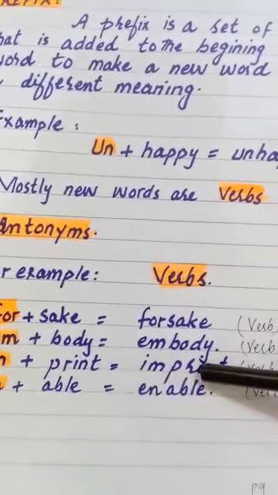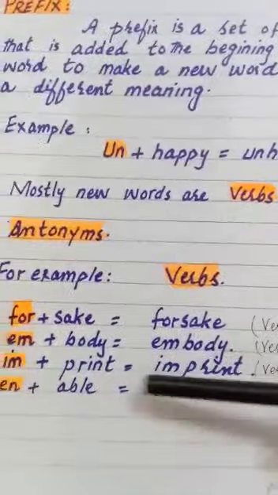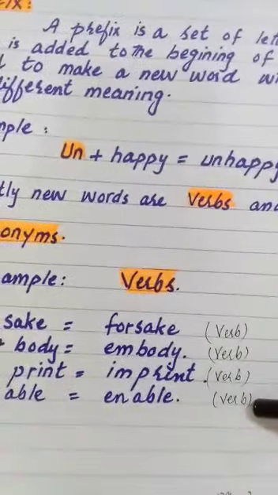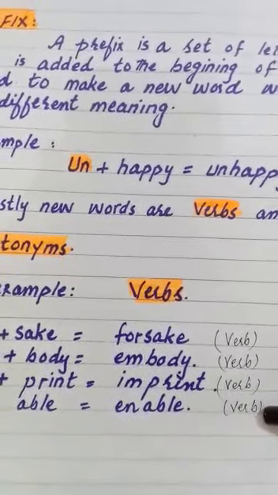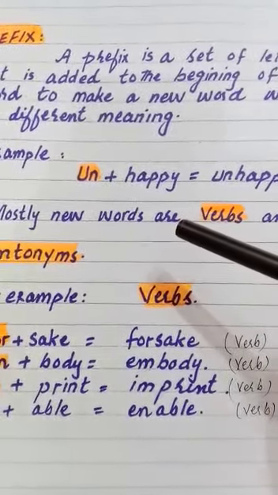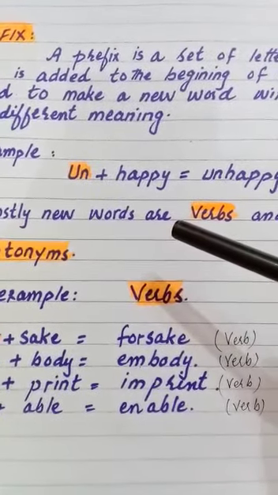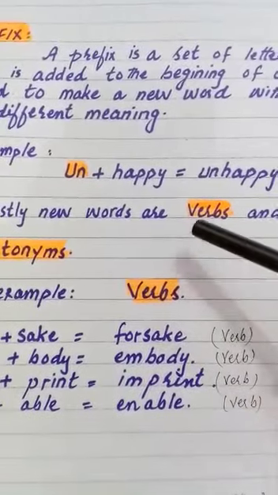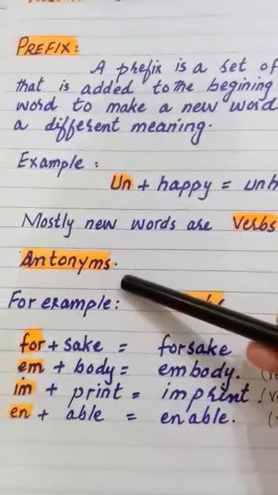Imprint, it is a verb. Enable, it is a verb. So when we put prefixes to a word, the word which we get after putting the prefix will be either a verb mostly or an antonym. Now see the examples of antonyms.